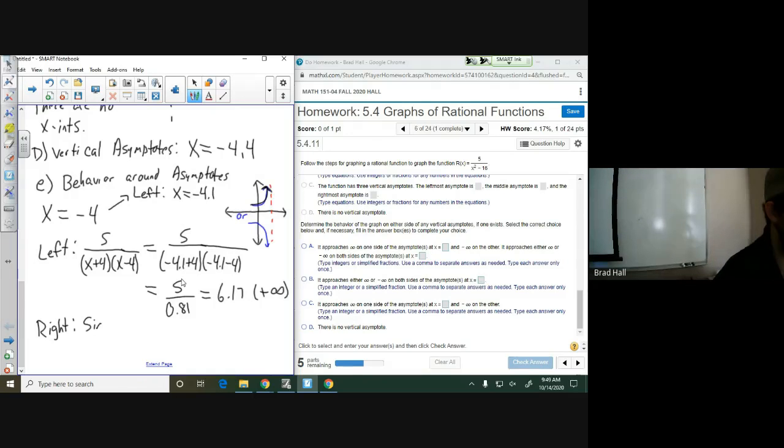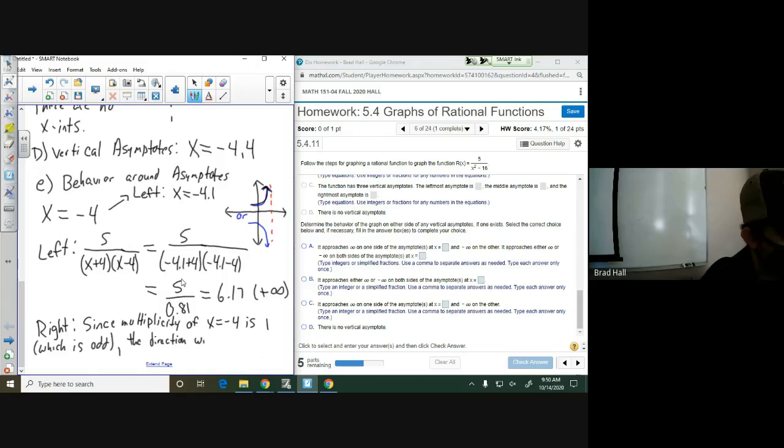So since the multiplicity of x equals negative 4 is 1, which is odd, the direction will alternate or cross.